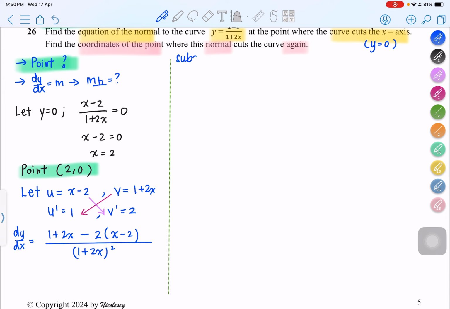So I substitute x equals 2 into dy/dx, which equals (1 plus 2 times 2 minus 2 times (2 minus 2)) over (1 plus 2 multiplied by 2) squared.